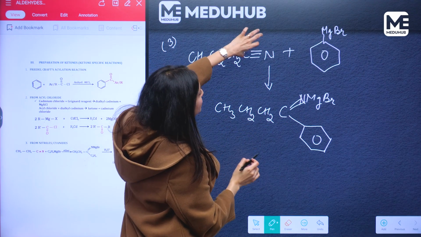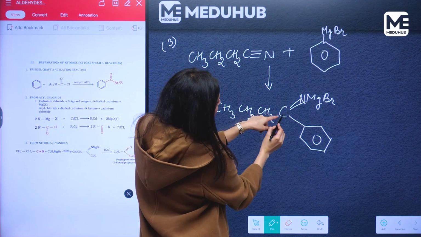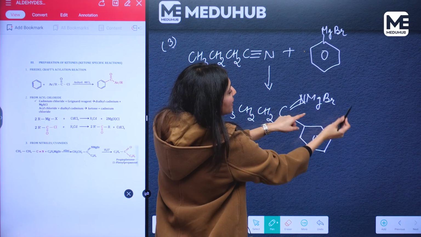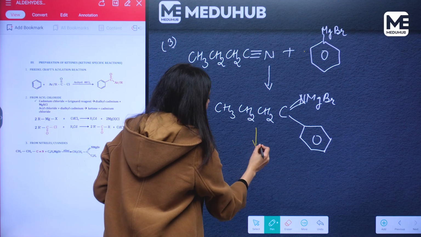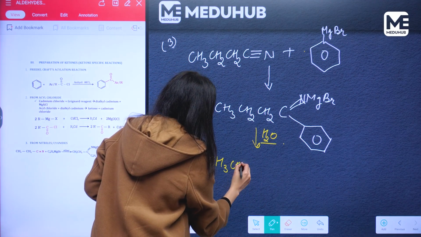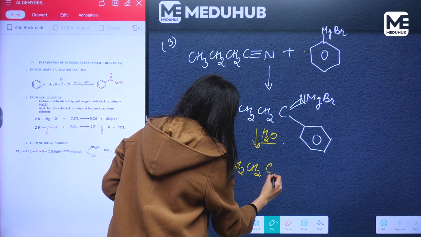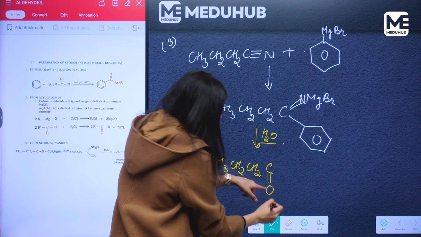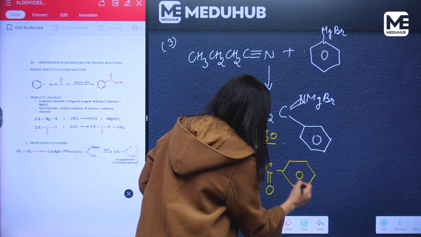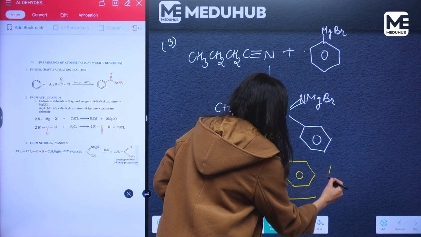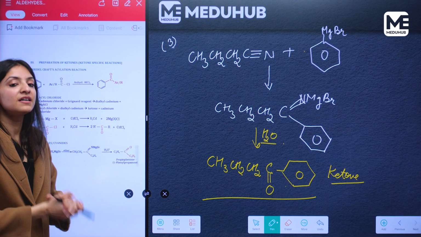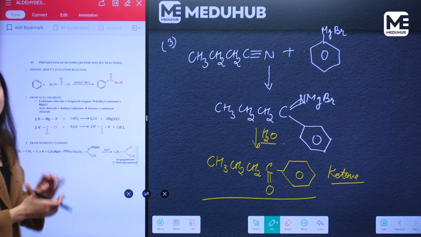So what is happening? To this carbon, the phenyl group is getting attached, and to this nitrogen, MgBr is getting attached. This on hydrolysis gives us CH3, CH2, CH2, C. This carbon now gets the oxygen and becomes the carbonyl carbon, and the phenyl group here. So we get this ketone like this here. So these are the methods of preparation for only ketones.